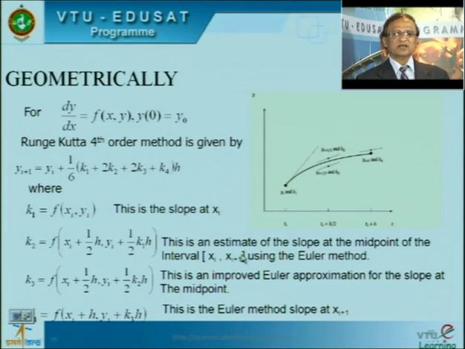Using Euler's method, you can calculate the midpoint slope at this point, k2. Similarly, k3 is an improved Euler approximation for the slope at the midpoint. Finally, k4 is the Euler's method slope at x_{i+1}. So, at this point you can calculate k4.